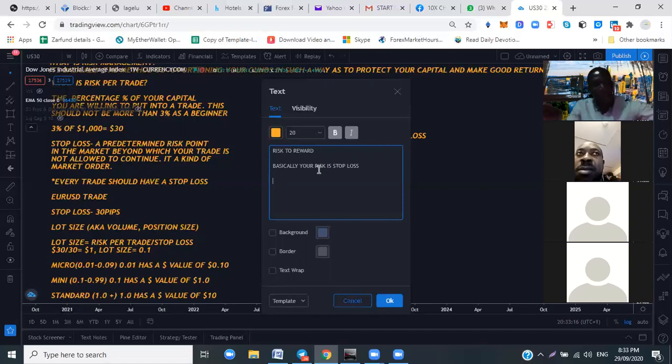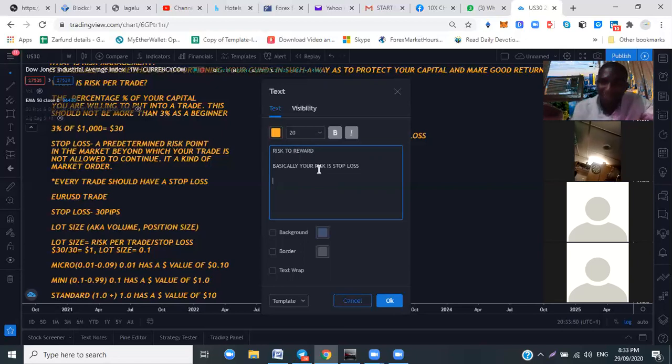So now, for every trade we want to take, we do not enter any trade because we want to lose money. We enter because we want to make money. So that is where the reward comes in. We are only risking our money on any trade because we have seen the possibility of a reward.